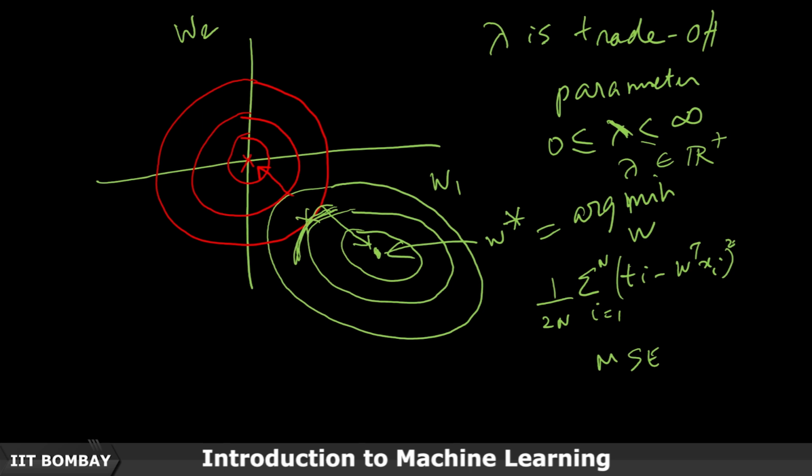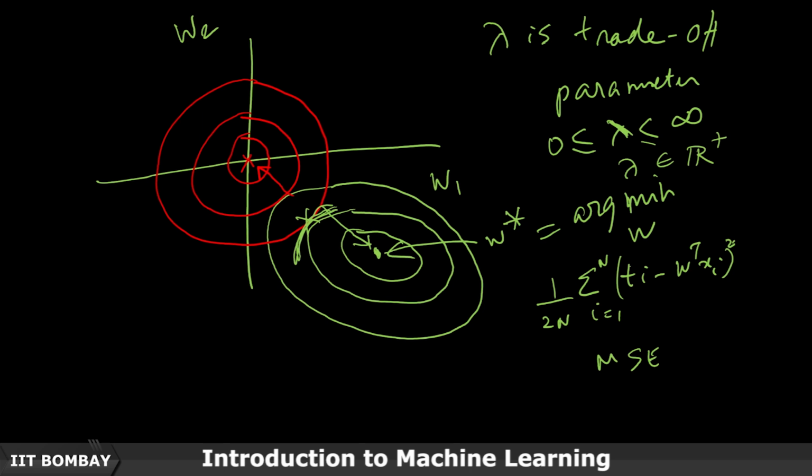So the two opposing forces will be such that the minimization will be achieved at the tangential point between the two contours of the two different parts of the loss function. Depending on the lambda, the tangential point will shift up or down.